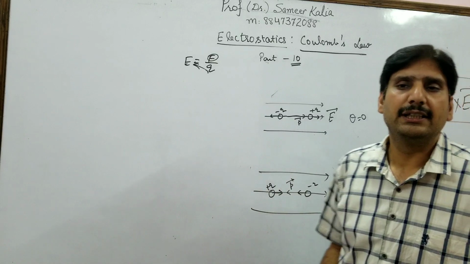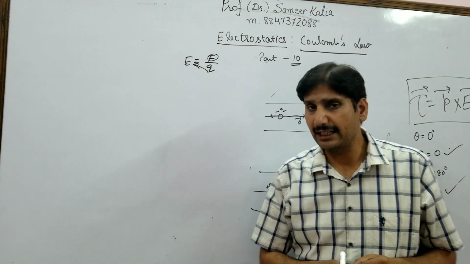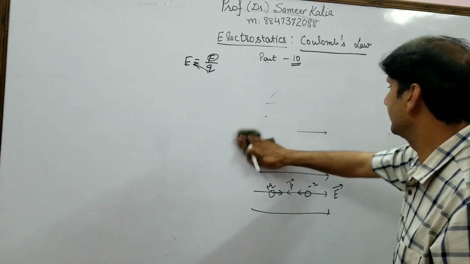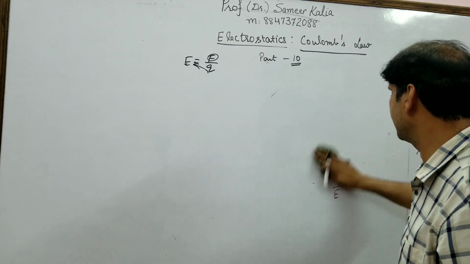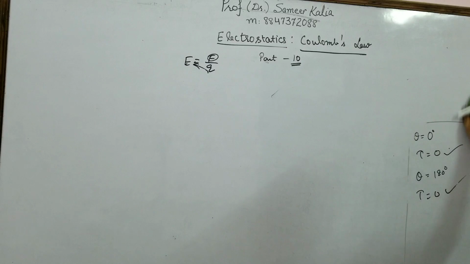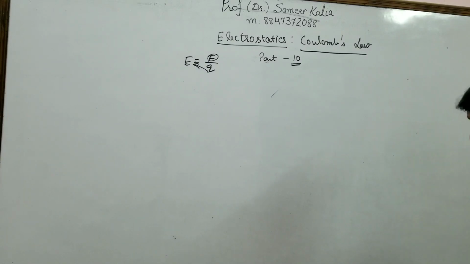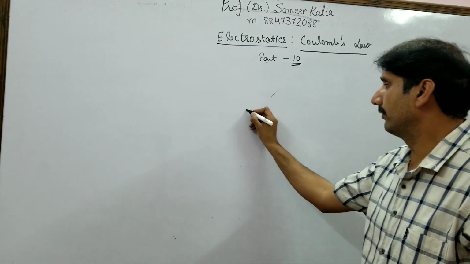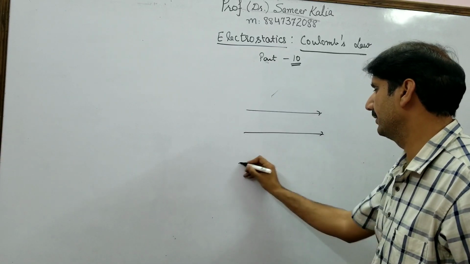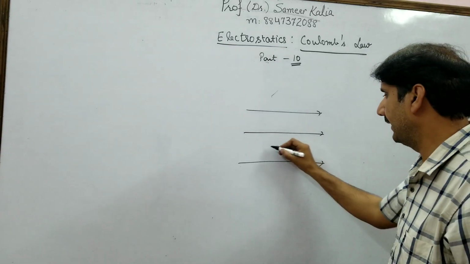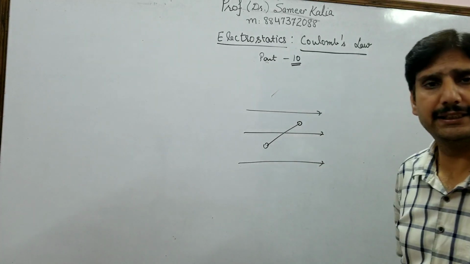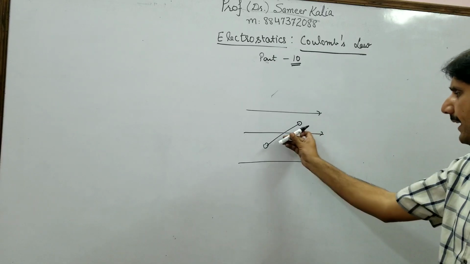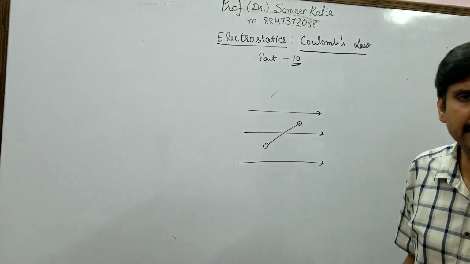Let's find out the potential energy of the dipole when placed in an external electric field. So we have a uniform electric field produced by some external source, and a dipole placed like that. Let's say initially it was at some angle theta 1 and I rotated it through a small angle d theta.